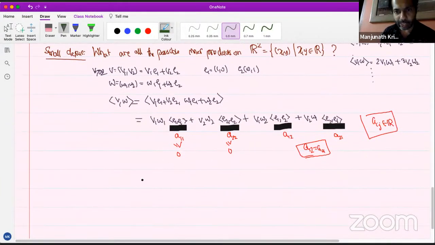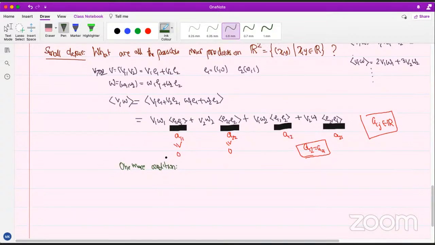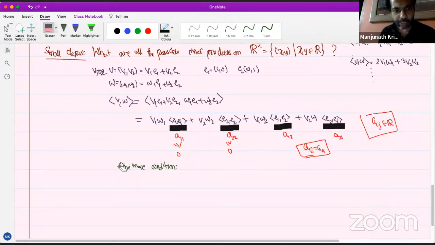So there is one more condition. A11 and A22 should be strictly positive. So what we need, the condition, is that V inner product V is positive.